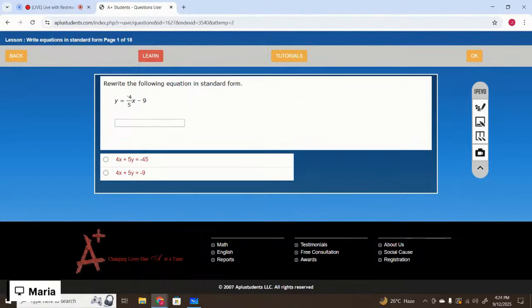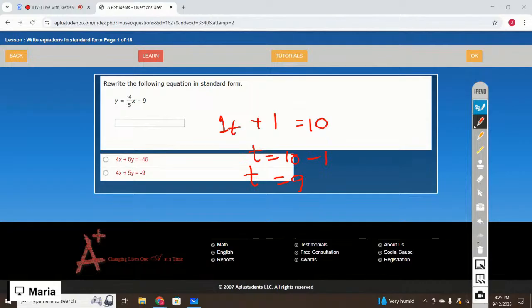Write the following equation in standard form. y equals negative 4 by 5 x minus 9.